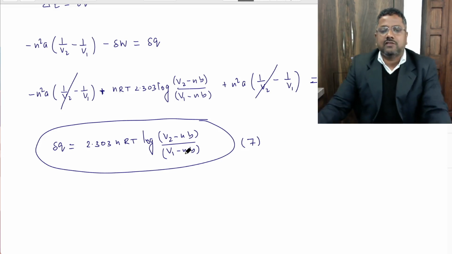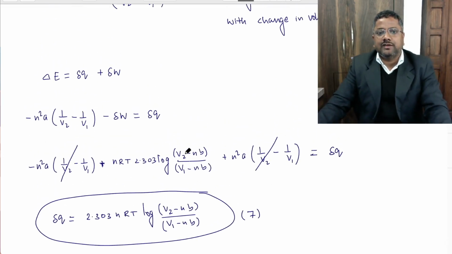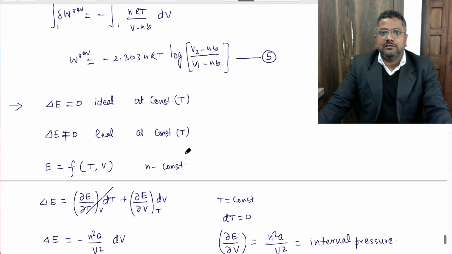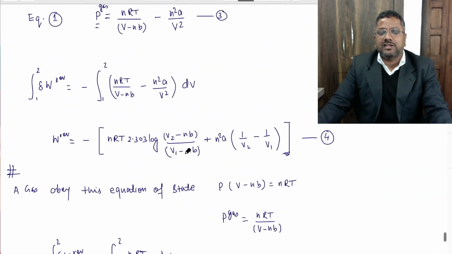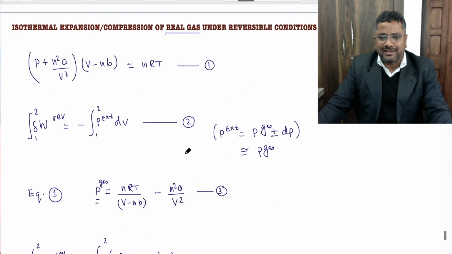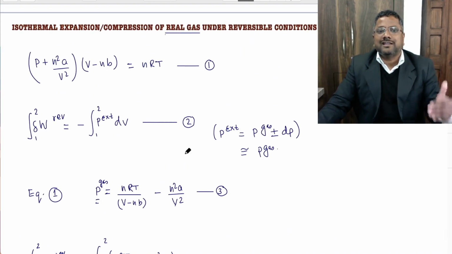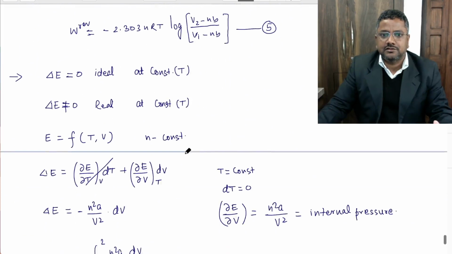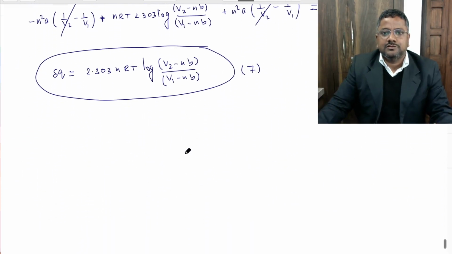So these are the formulas we can use to evaluate Q, internal energy and work in the expansion or compression of a real gas. Although this is not directly mentioned in your syllabus, right? Okay, good.